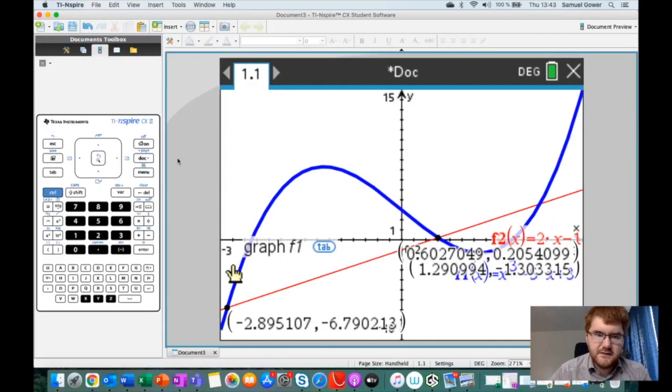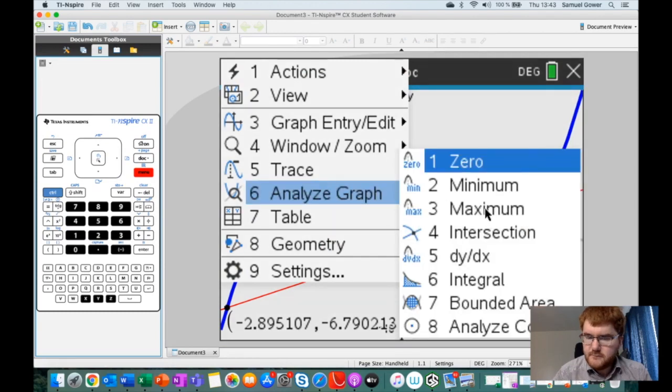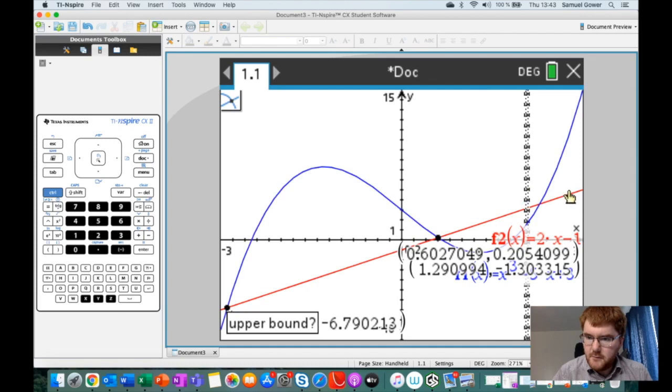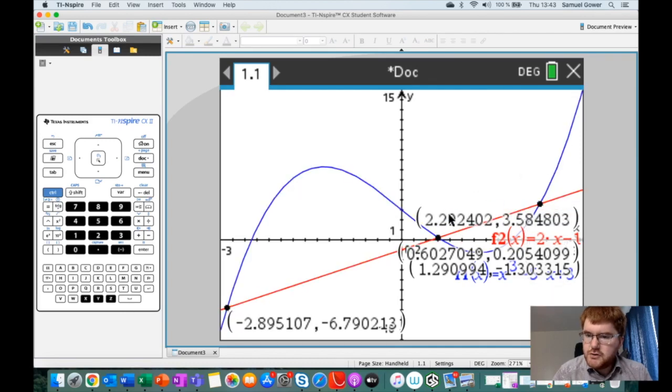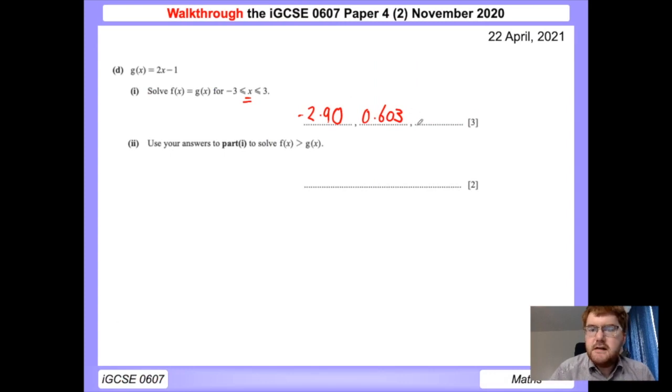Almost therapeutic doing this. Menu, Analyze, and Intersection, and we click before, we click after, and we get 2.29. So go back to our PowerPoint and write in 2.29. You get 1 mark for each of these points.